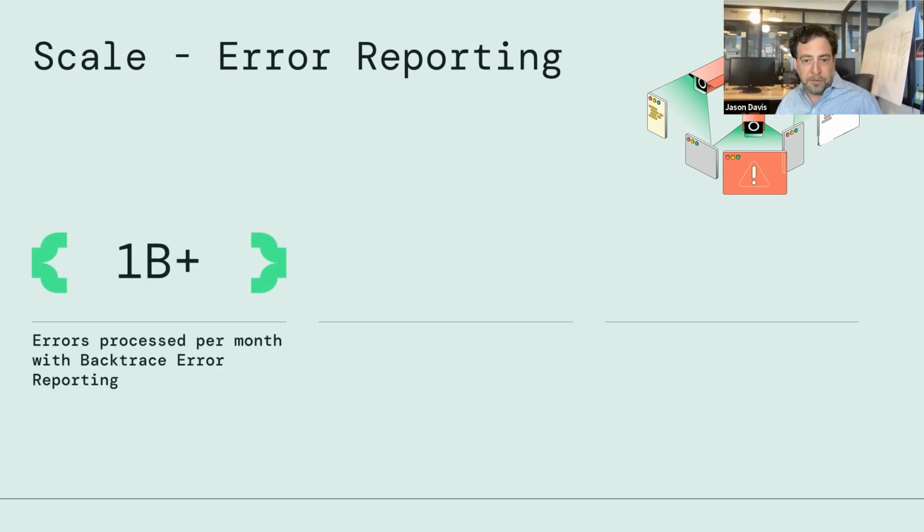The error reporting platform today is already processing, nice round number again, over 1 billion. I think it's more than 1.5 billion, in fact, when I look at a number of on-prem instances as well, but over 1 billion monthly error reports.